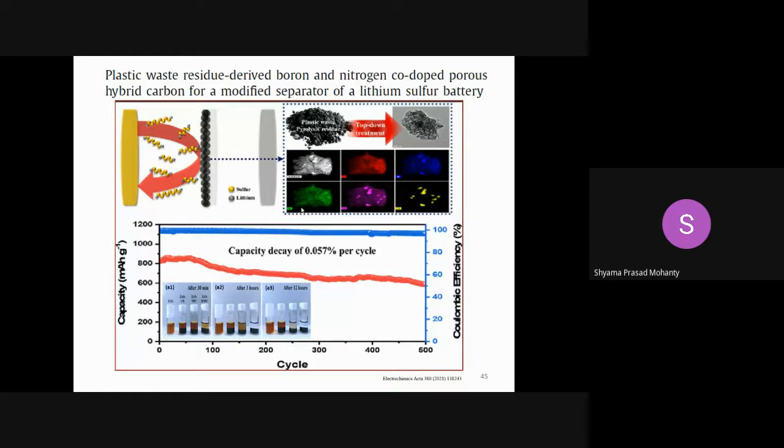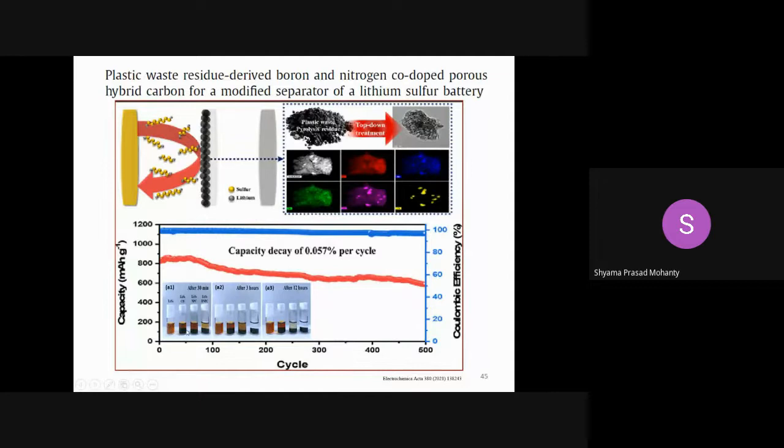Separator means it soaks the electrolyte and separates the sulfur electrode from the lithium electrode. It was cycled for about 500 cycles, and you can see a capacity decay of about 0.057 per cycle. They observed these derived porous carbons in lithium polysulfide solution after 30 minutes. This is the Li2S6 lithium polysulfide solution.